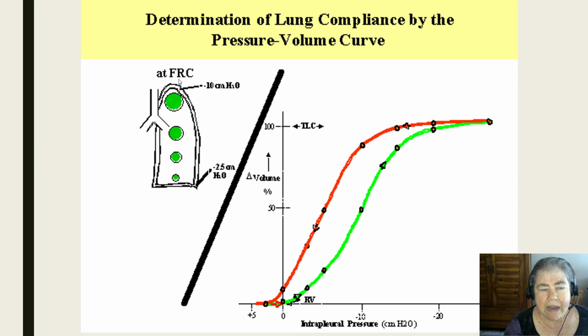They are more negative at the apex, at the top, and the alveoli are actually more expanded. And they are less negative at the base of the lungs, just over the diaphragm, where the alveoli are smaller and are not going to increase in volume as much during an inspiration.